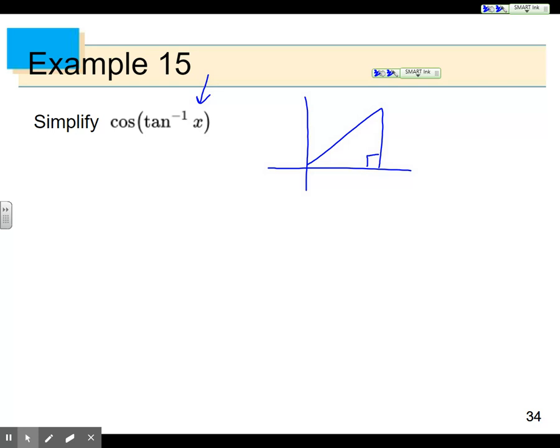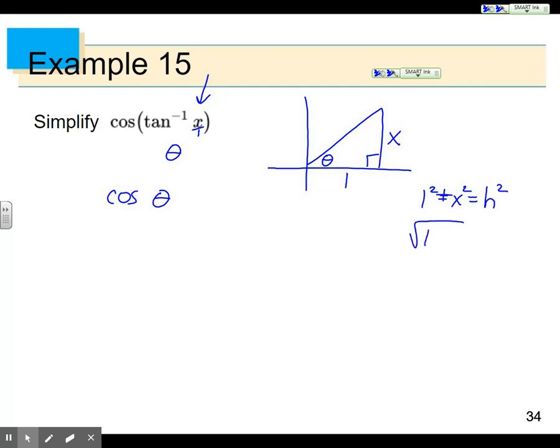And so I have tangent inverse of x. This is going to be my theta part right here in the middle. So I'm going to end up just doing a substitution where I take cosine of that theta. And this x right here over 1 is going to help me get the opposite and the adjacent sides. Using Pythagorean theorem, I have 1 squared plus x squared is going to equal my hypotenuse squared.